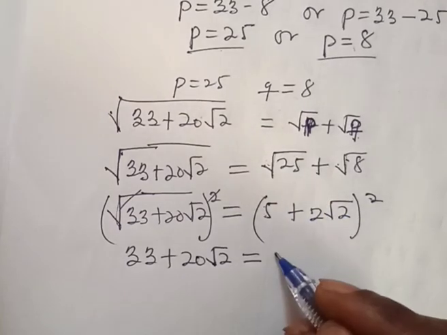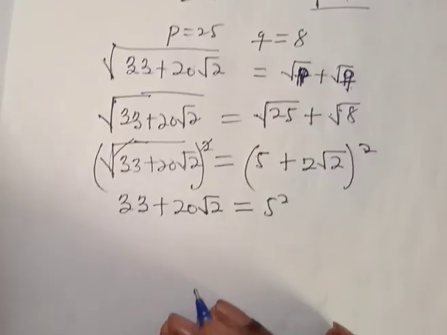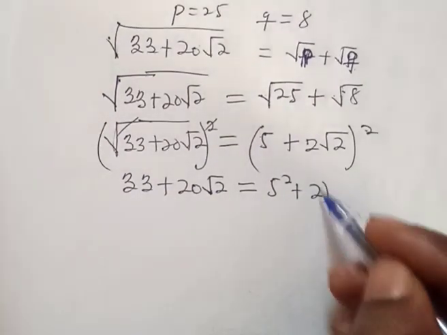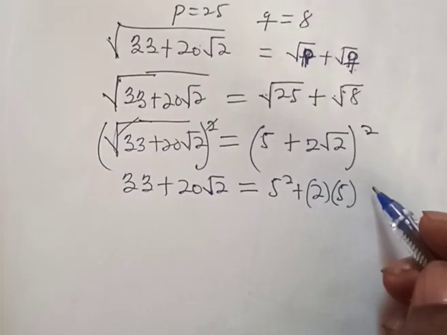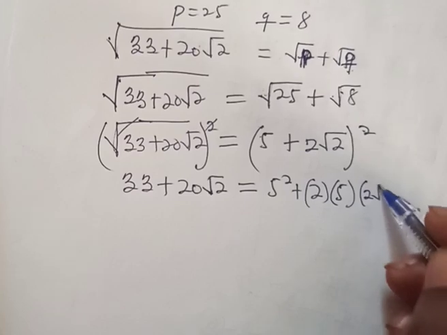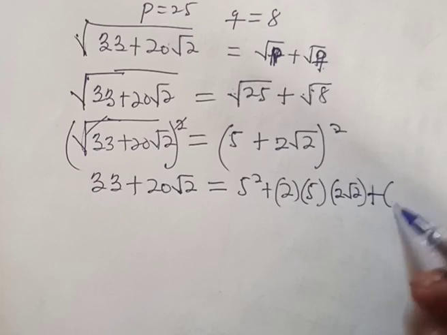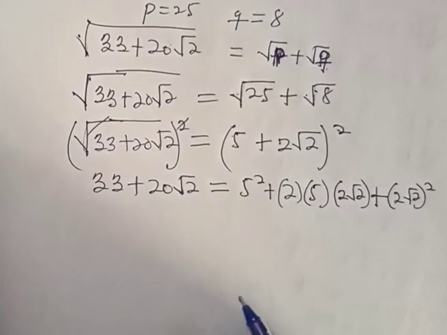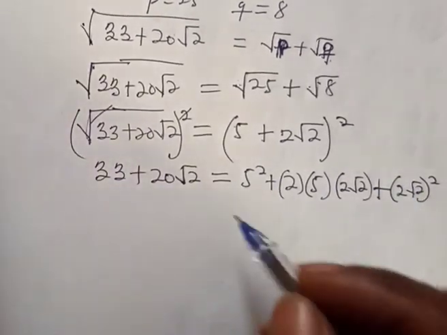So we are squaring the first term, plus then we multiply 2 by 5, and then by what? 2 root 2, plus, then we square the entire. So that is what we are doing. Okay, we are only testing whether what we will get here will be the same as this.